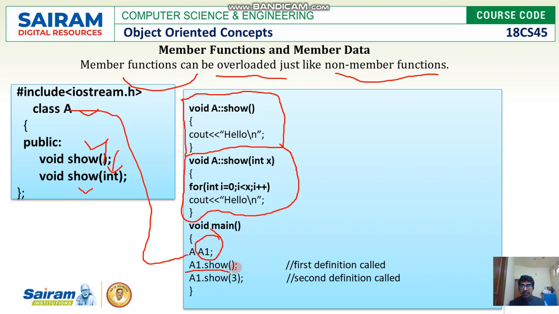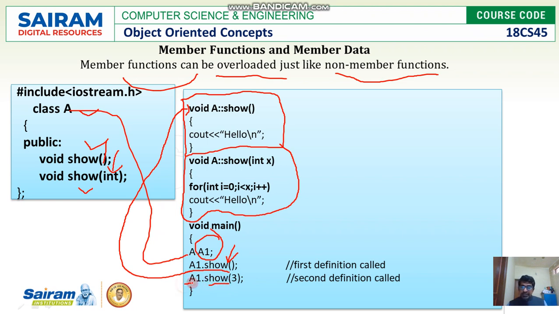We have got two member functions with the same name. So obviously, based on the parameters, the right one is going to be selected. The first definition will be called because it does not have any parameter. Look at the second one, where the function name is again the same.